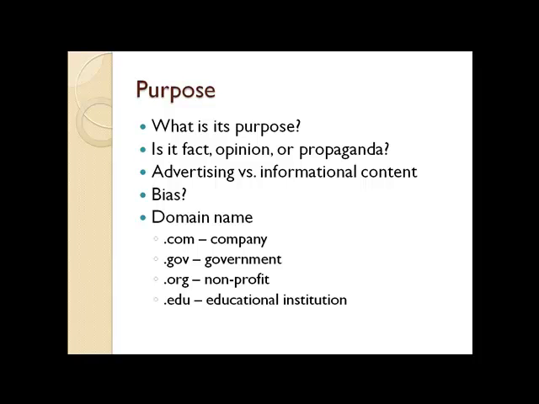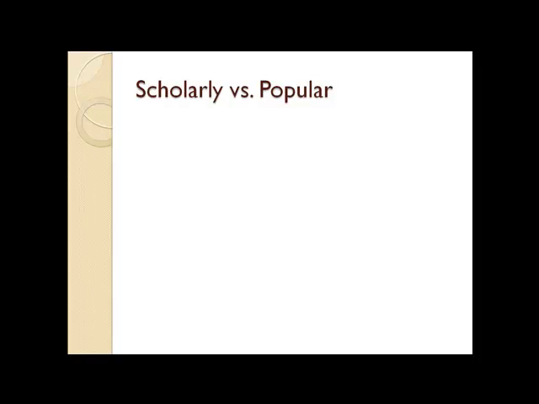And then a .edu website is going to be an educational institution's website. The only thing that you want to be careful with there is that sometimes student work is published to .edu websites, so you might want to be a little bit careful in evaluating whether that person has a background in your topic or not.